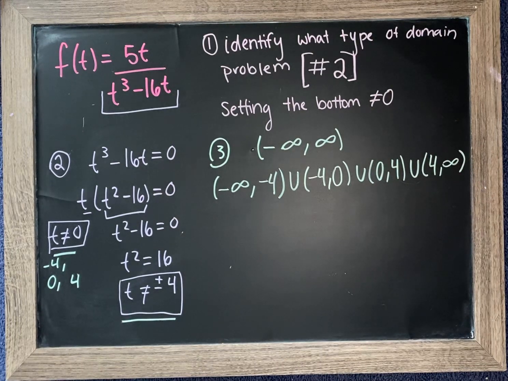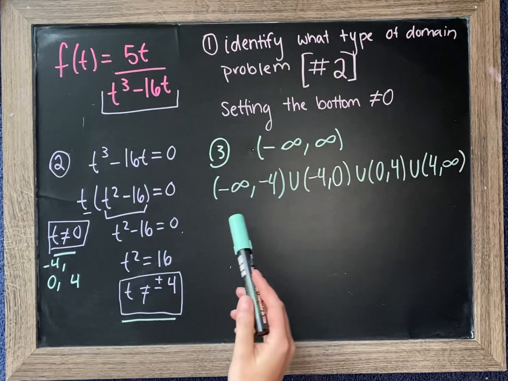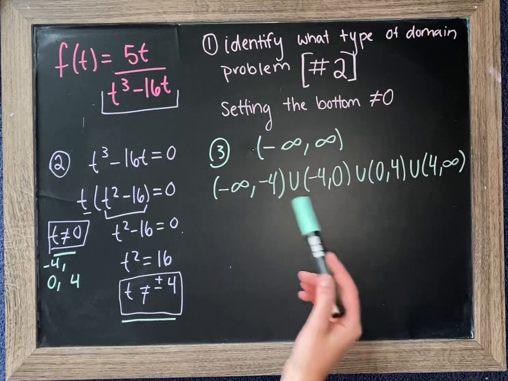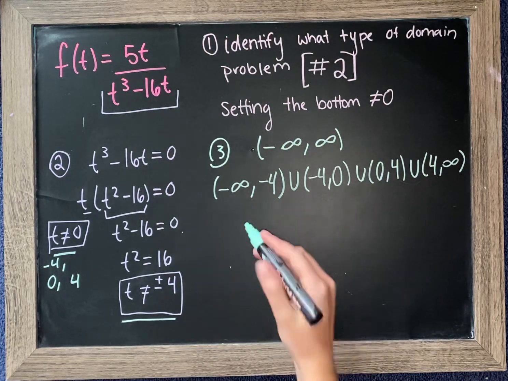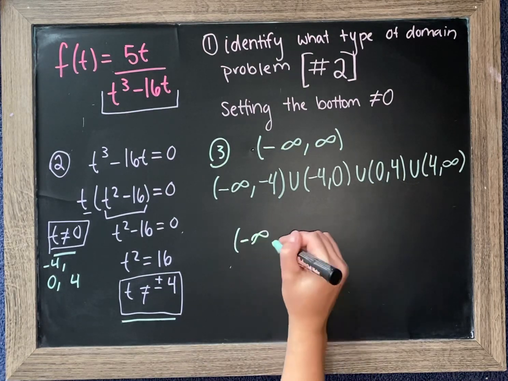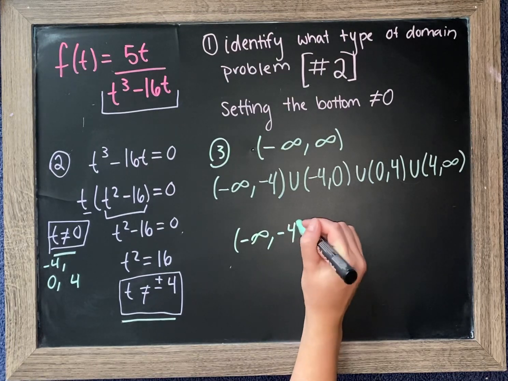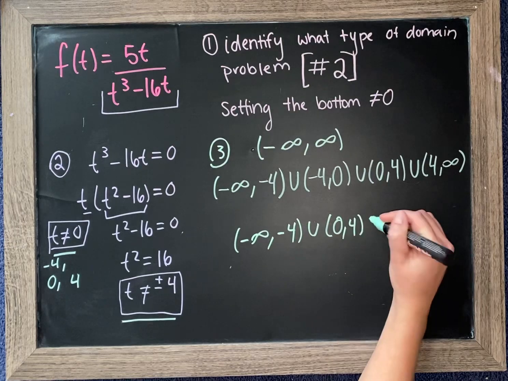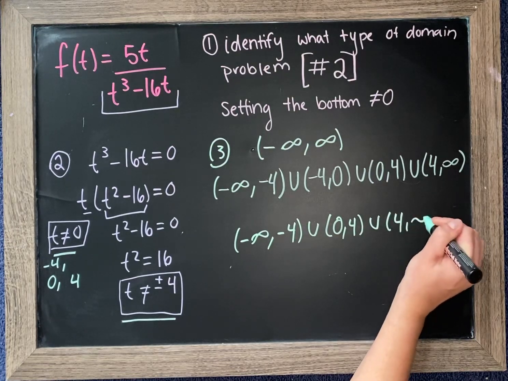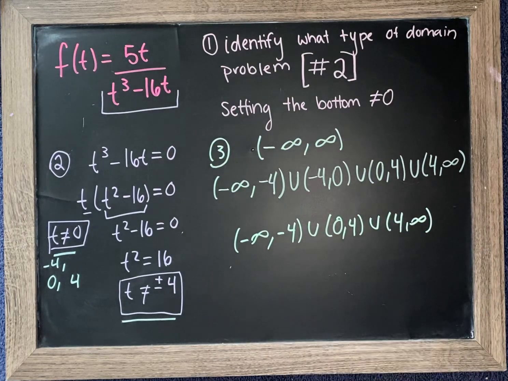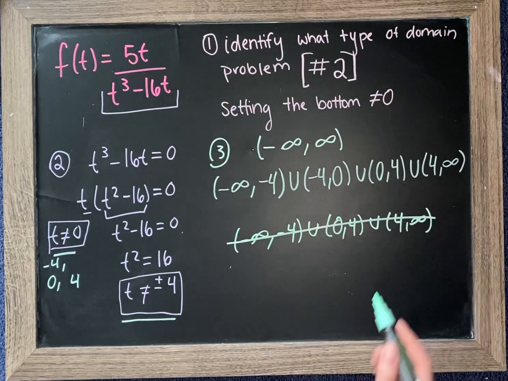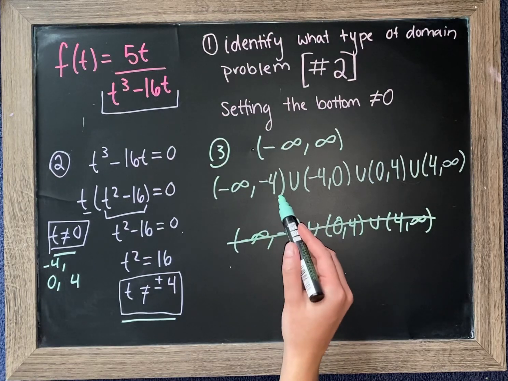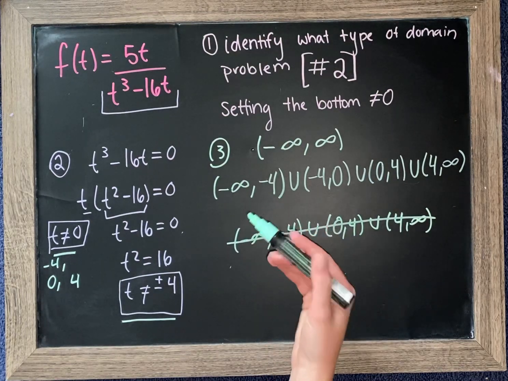The reason that we write it like this is, if you wrote it as, say, negative infinity, comma, negative 4, union 0, comma, 4, comma, infinity, sometimes it's easy to make a mistake like this, because you want to make sure that you're not forgetting to include the values that are between the things that you're excluding.